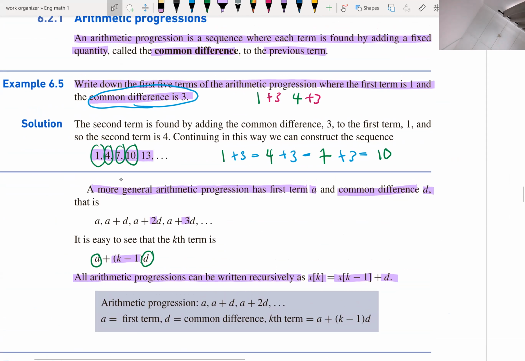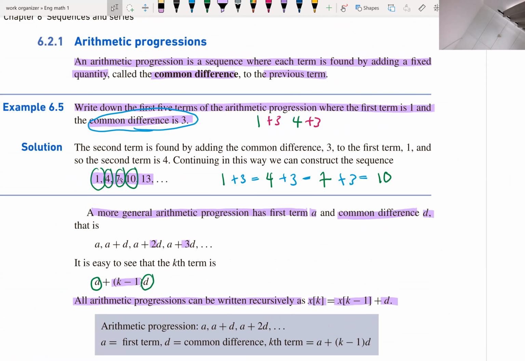Arithmetic progressions are about addition. The keywords here are first term and common difference. In arithmetic progressions, it is addition of the common difference. So let's look at this example 6.5.